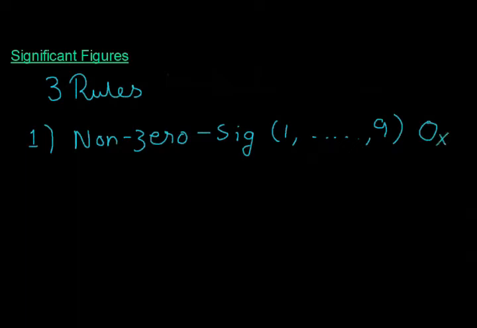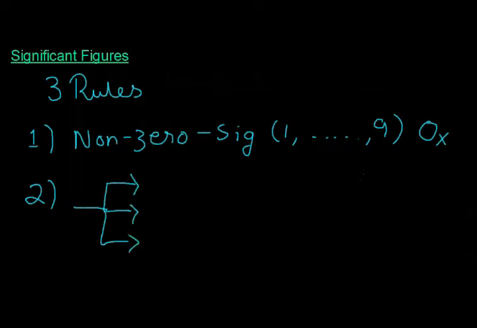So whenever you encounter any number 1, 2, 3, 4, 5, 6, 7, 8 or 9, you will directly call it a significant figure. But if you encounter a 0, you will have a different rule. For zeros, we actually divide the cases into 3 types. Now, to understand these 3 cases, let me give you 3 examples.